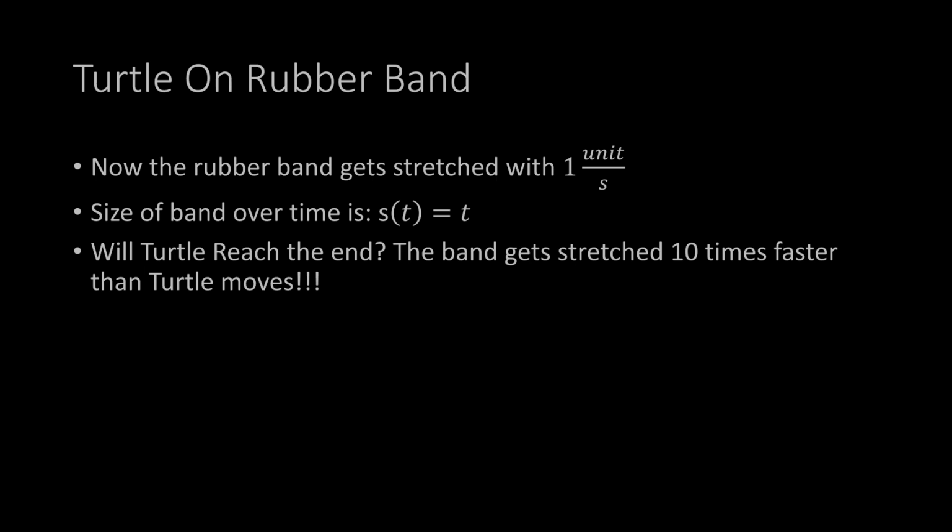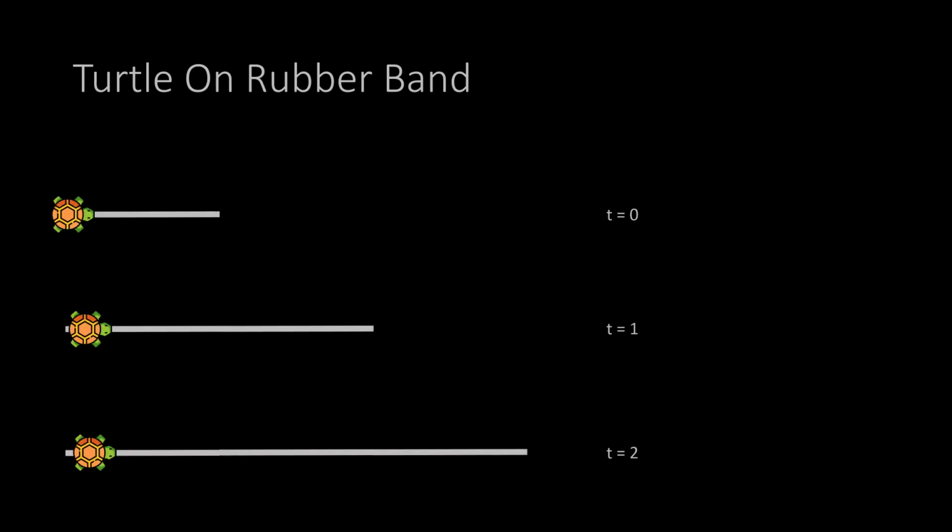And the question is, will the turtle make it to the end? The band gets stretched 10 times faster than the turtle moves. Remember, the turtle moves at 1/10 of a unit per second, and the band is expanded away from the turtle at 1 unit per second. I have put this in perspective here.